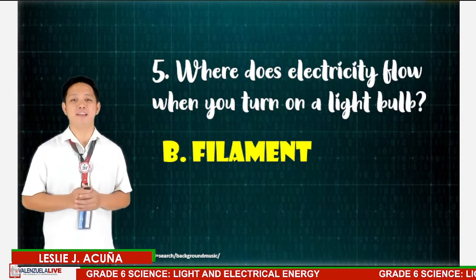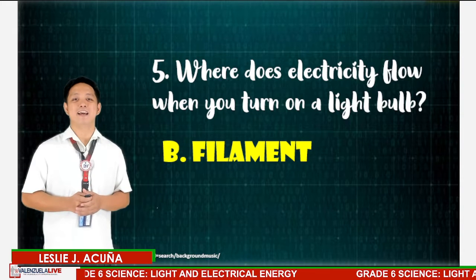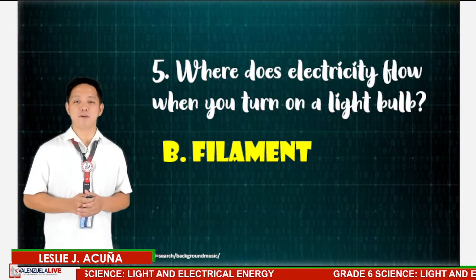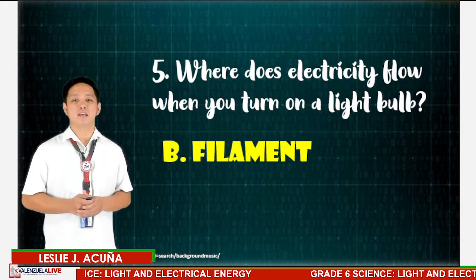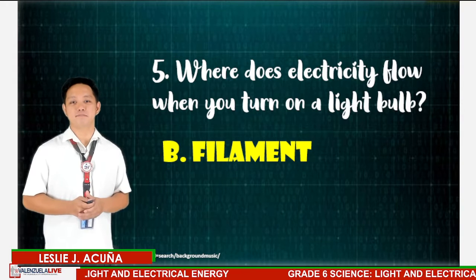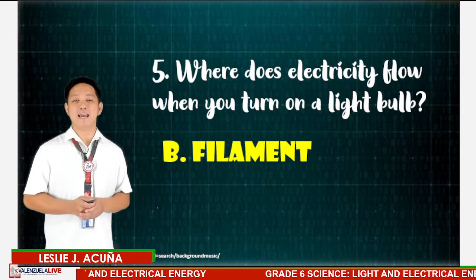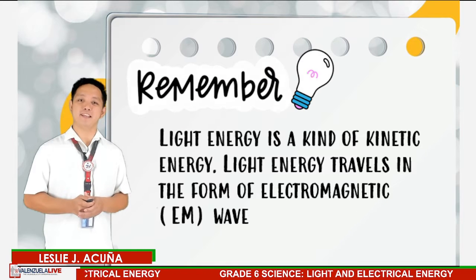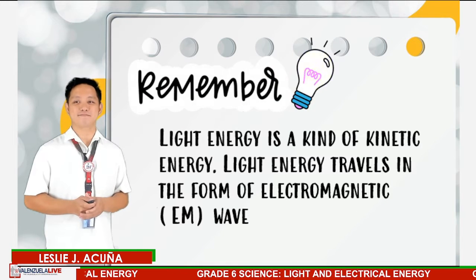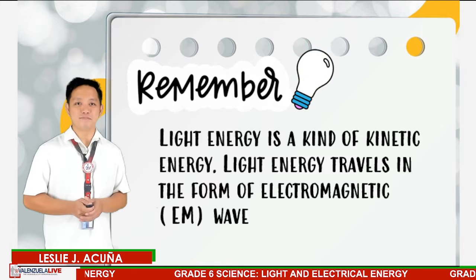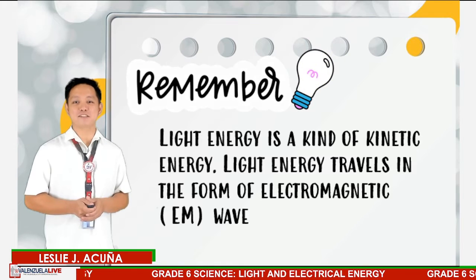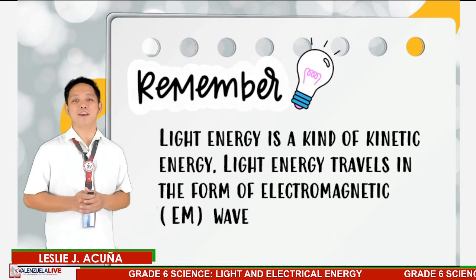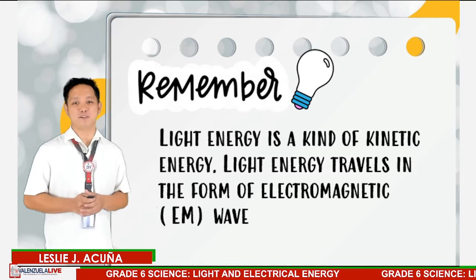But before we end our discussion, let us sum up the following points. And remember, light energy is a kind of kinetic energy. Light energy travels in the form of electromagnetic wave.